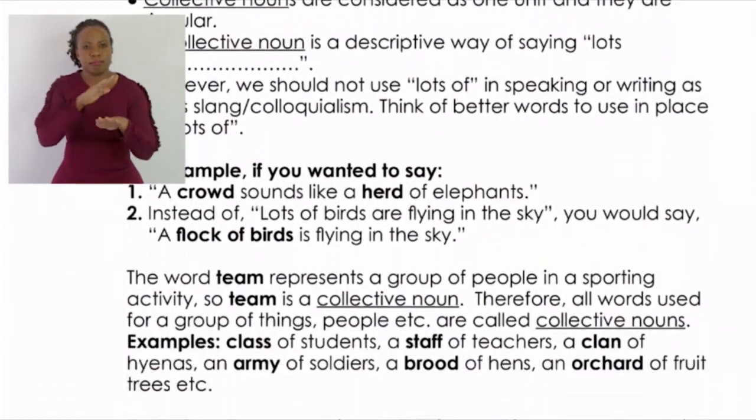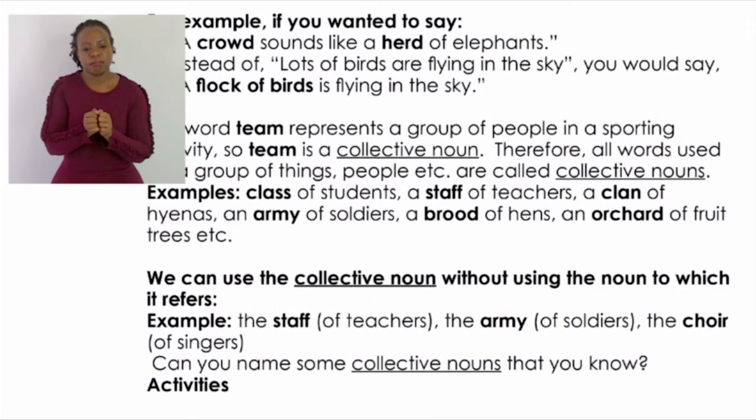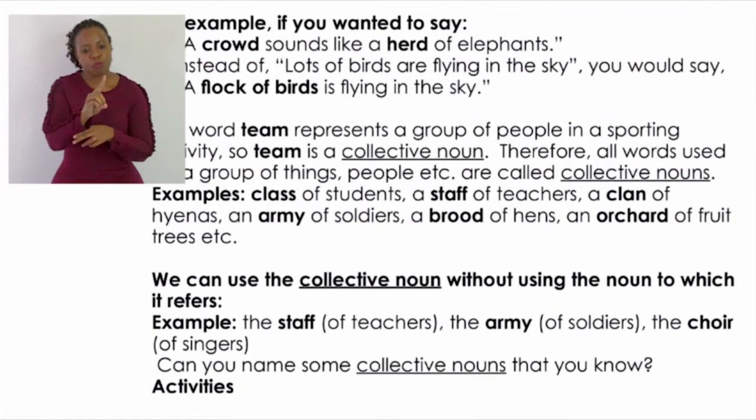For example, if you wanted to say lots of people sound like a lot of elephants, you could rather say the crowd sounds like a herd of elephants. So the word crowd is coming in place of lots of people, and the word herd is coming in place of lots of elephants.